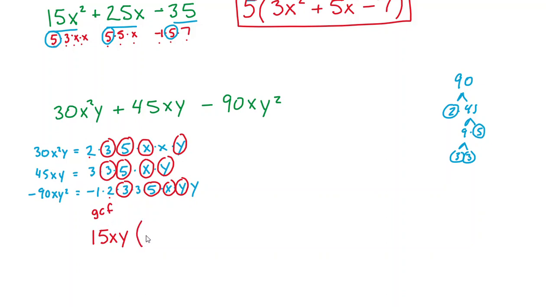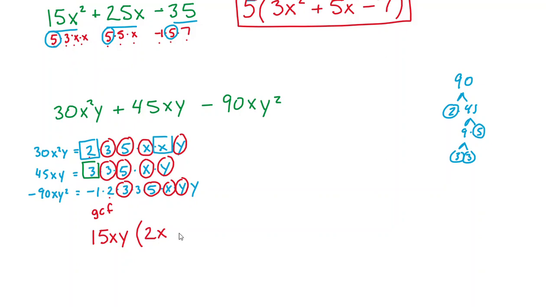And then, what's left over? Now, if you did this carefully, you can clearly see what's left over because it's going to be in the factors that are not circled, right? The first term has a 2 and an x in it. 2 times x, which is just 2x. The second term has a 3 left over. That's it, just a 3.